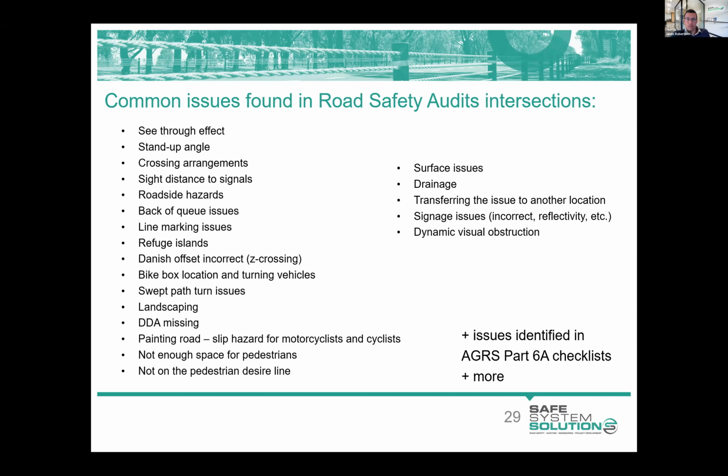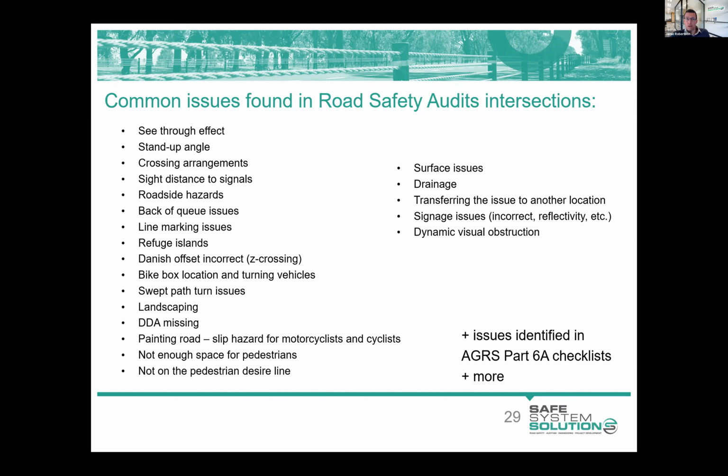This list relates to intersections. So at intersections, we're dealing with potential for conflict between opposing or crossing vehicle streams. We need to provide enough space and appropriate crossing treatments for vulnerable road users. These type of things.